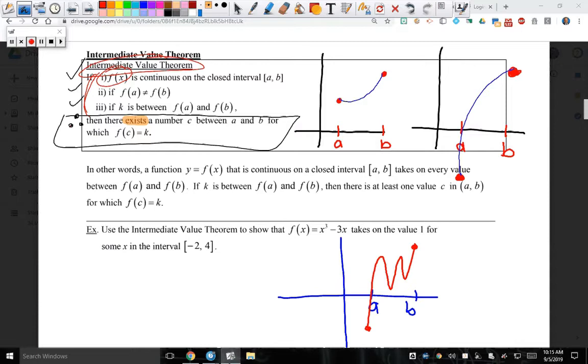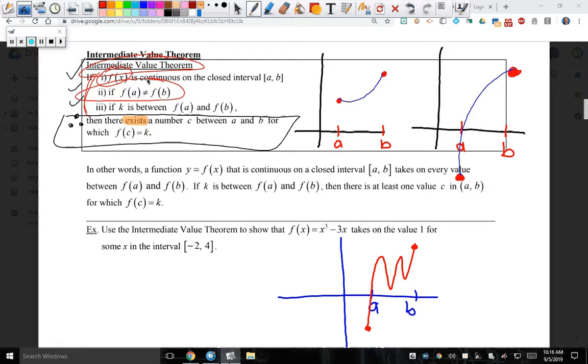Okay, so now, condition number 2. F of A cannot equal F of B. Matthew, what does that mean in layman's terms? In simple terms, pretend I'm in 3rd grade. The y when it's at A cannot equal the y when it's at B. Perfect.